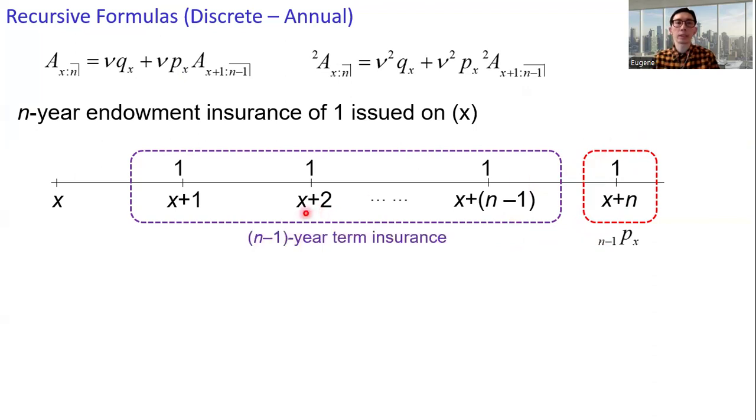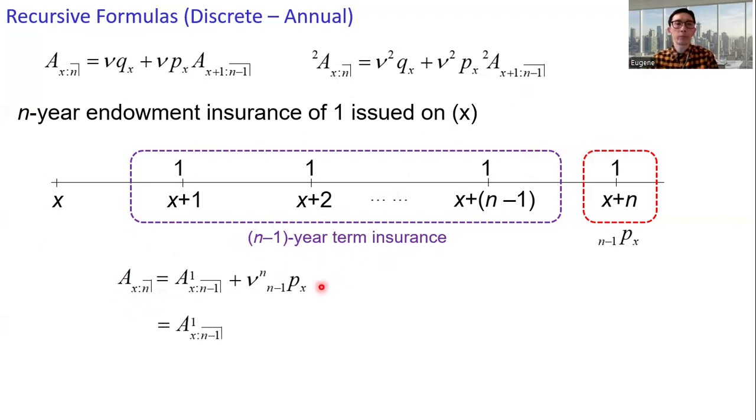The first portion is the n-1 year term insurance on x. Getting the expectation, the n-year endowment insurance equals the n-1 year term insurance, and then plus the present value for the n-year period endowment.